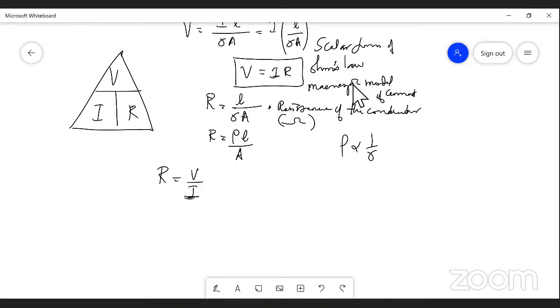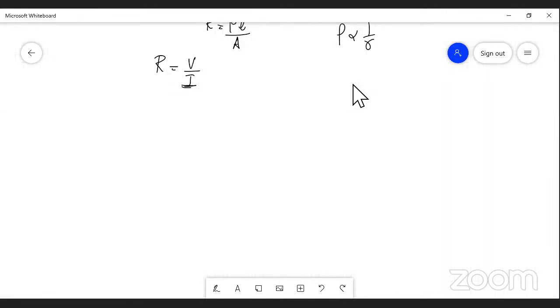When you look at the expression V equals IR, resistance of a material wire for a given length and a given area of cross section is a constant. So for a given metallic wire, resistance is a constant. If the length changes, resistance changes. If area of cross section changes, then also the resistance changes.